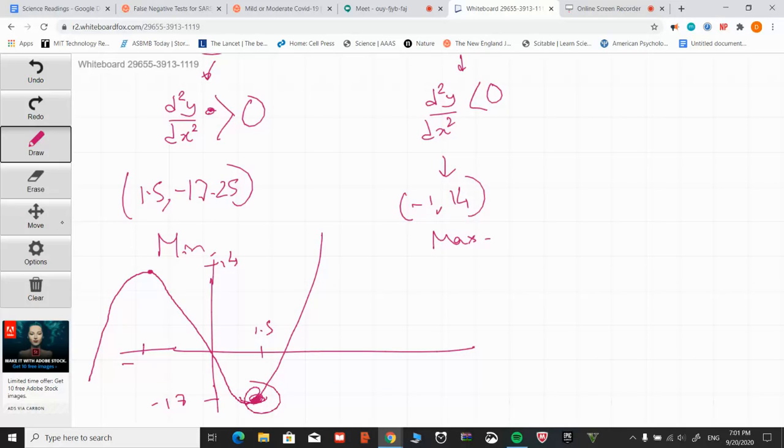The minimum point, as we can see from our calculation, 1.5 is the minimum, and at negative 1 we have our maximum. So basically this is how we do the calculation.